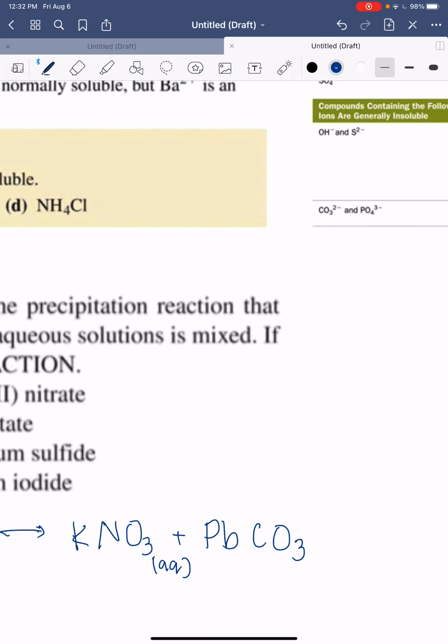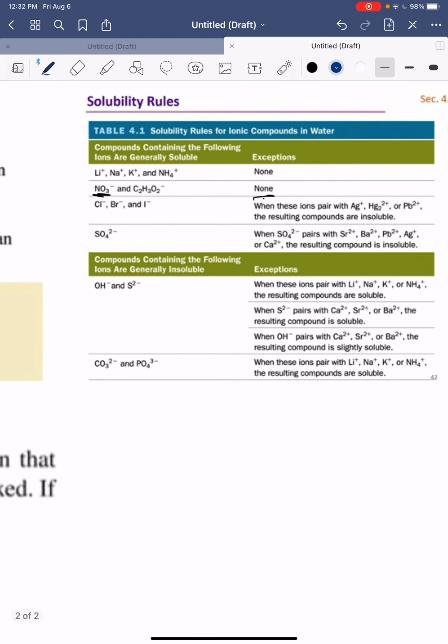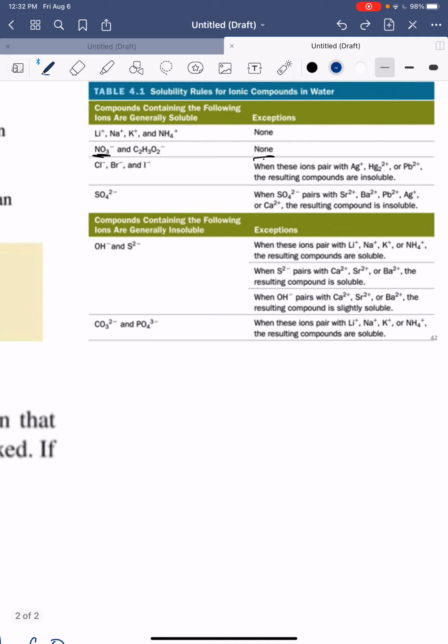Lead carbonate. Carbonate is generally insoluble. Are there any exceptions here? Yeah, there's lithium, sodium, potassium, and ammonium, when they pair with carbonate, are soluble. You have to look at that.